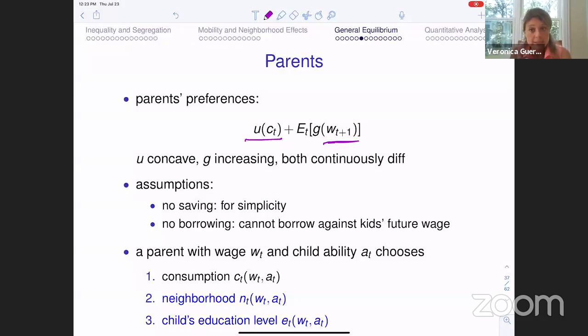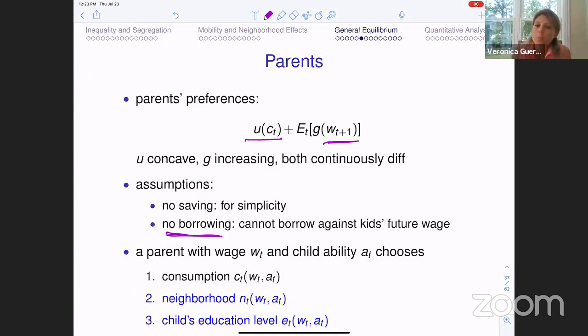The important thing is that if you do that, you want to impose some borrowing constraint. So this is a shortcut that allows you to not impose some form of borrowing constraint, because you care directly about the wage of the kids. But the important thing here is that you don't want the parent to be able to borrow against the talent of the kid, because for simplicity, we assume the parent knows the talent of the kid.